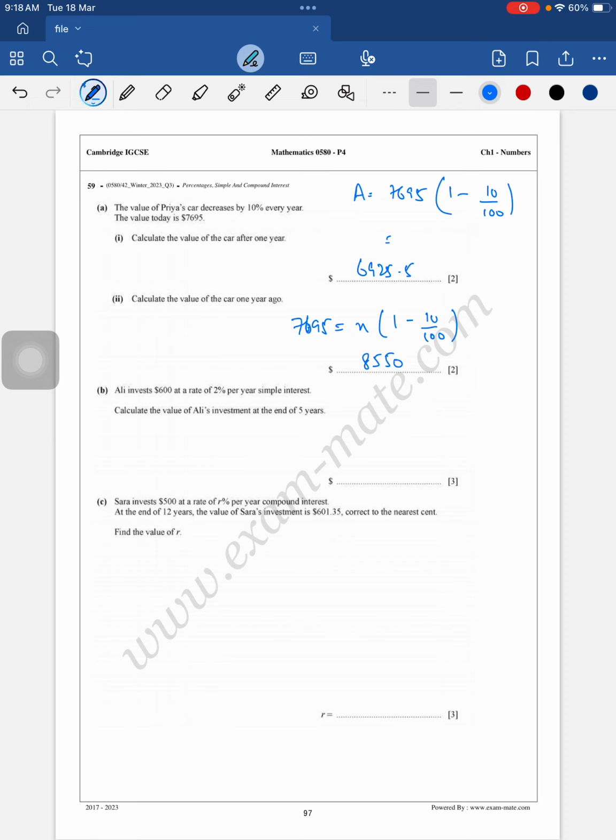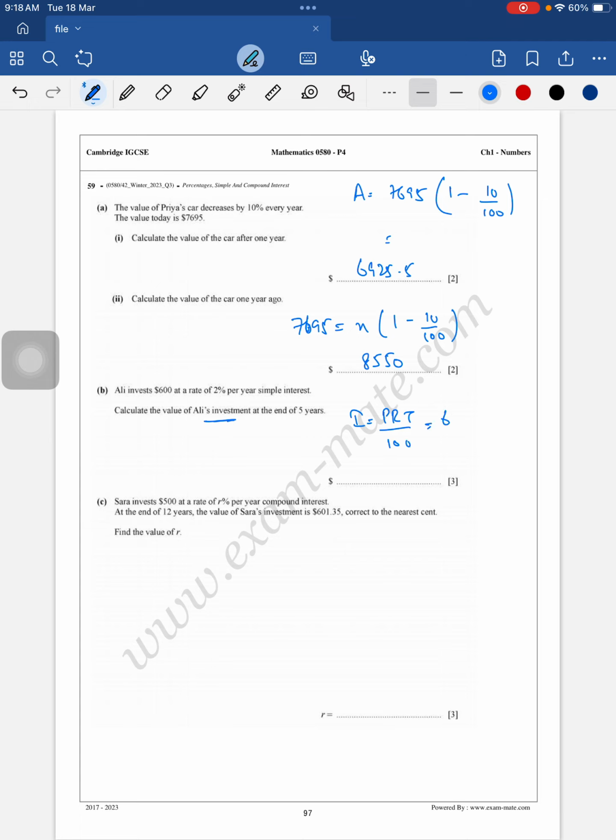clear? So Kelly invests $600 at a rate of 2% per year simple interest. Calculate the value of Kelly's investment at the end of 5 years. So I is equals to, it asks for the investment, not the interest value. First we will take out interest, then we will add it up.